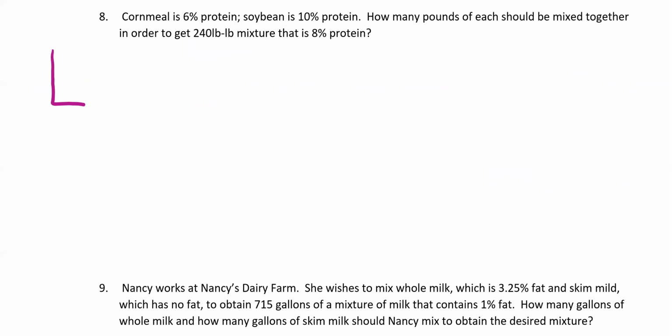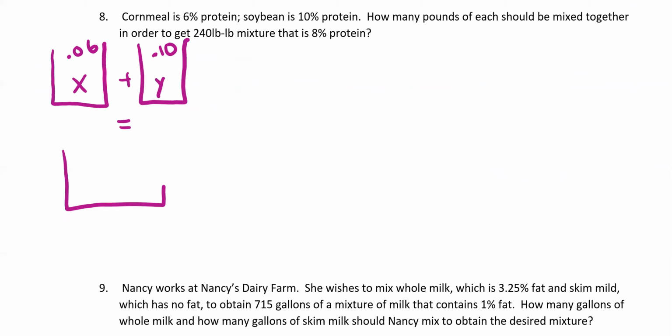So I'm going to set this up using buckets. So we have 6% protein and 10% soybean. How many pounds of each should be mixed in order to get 240 pounds that is 8% protein?